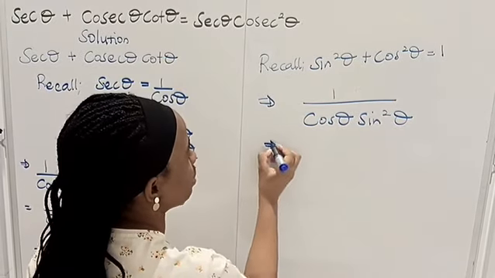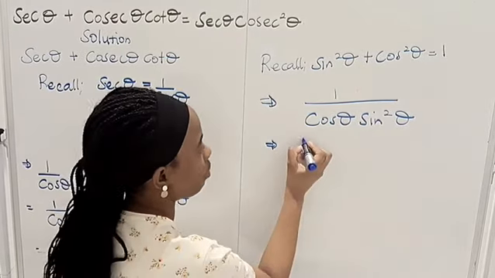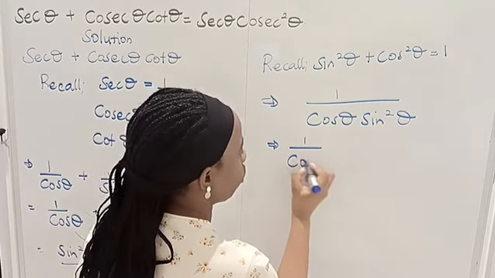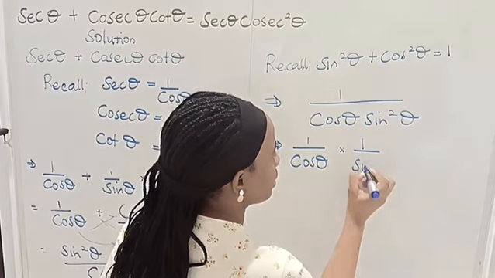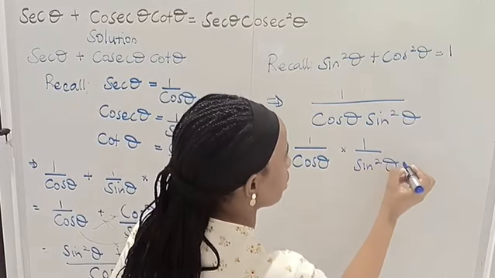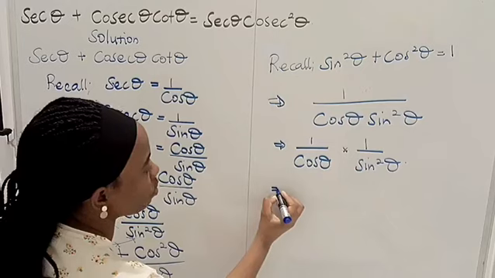Now let us separate them. We shall have 1 out of cos theta multiplied by 1 out of sine squared theta. Now what is 1 out of cos?